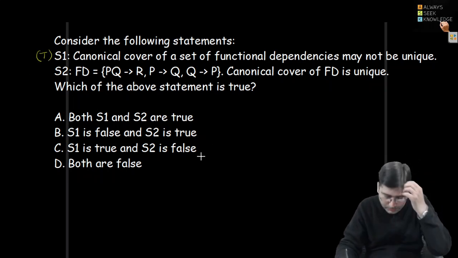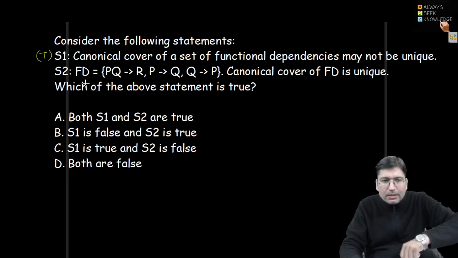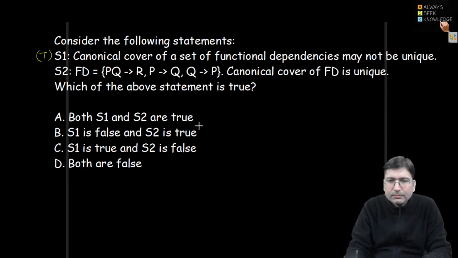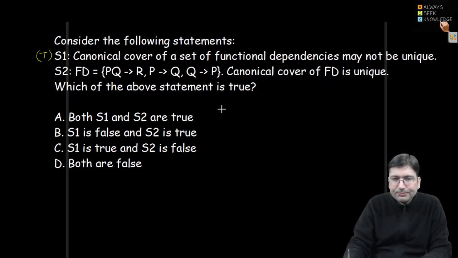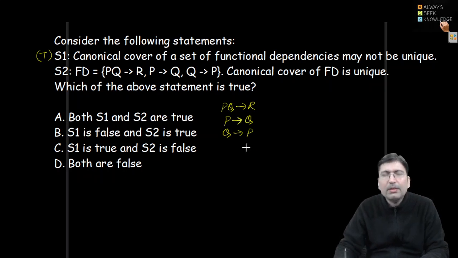Now let's check the second one. Here we need to find out the canonical cover of this functional dependency set, and then we can find out whether it is unique or not. The very first functional dependency is PQ implies R. Next is P implies Q, and next Q implies P. Now we need to find out the redundant thing.